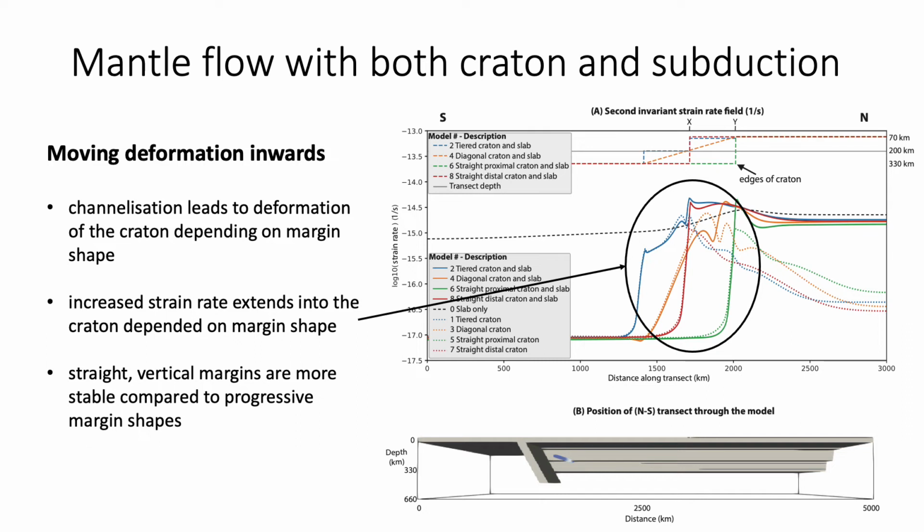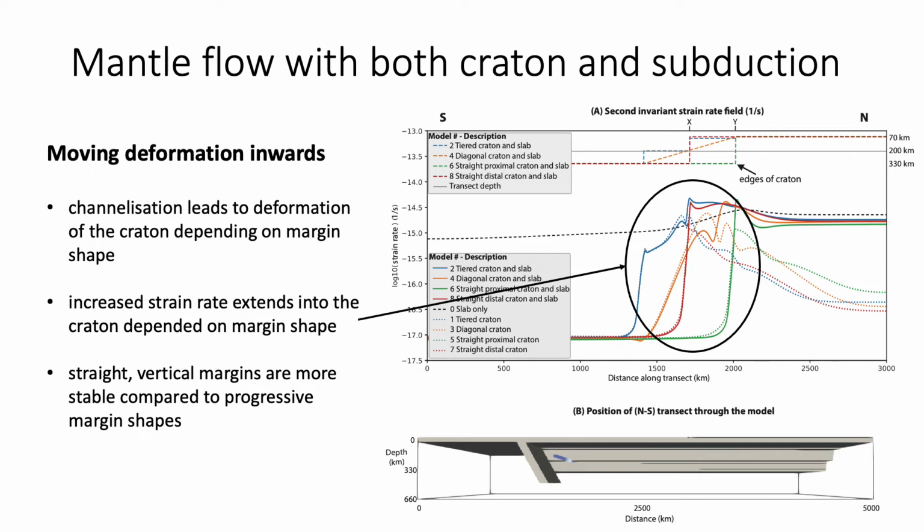From here, we modeled the slab and the craton system across the 4 different margin geometries, which I discussed previously. So we had a tiered, a diagonal, a straight proximal, so that's directly adjacent to the slab, as well as a straight distal craton, which is at a distance of 300 kilometers from the slab.